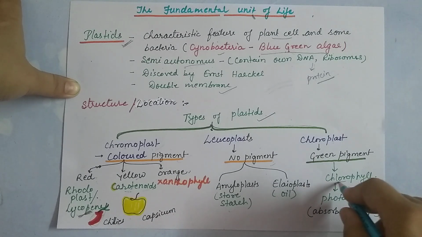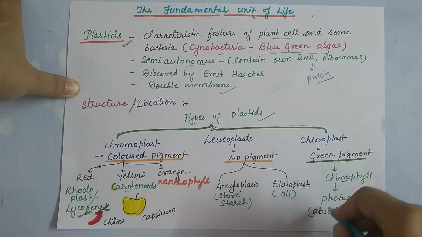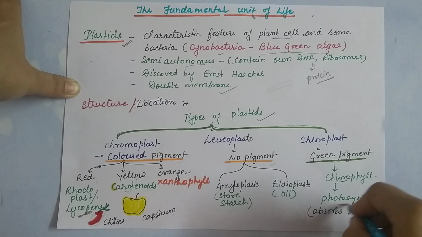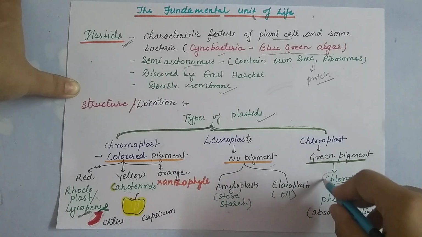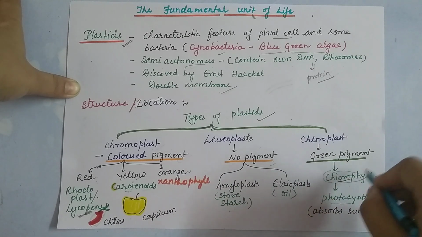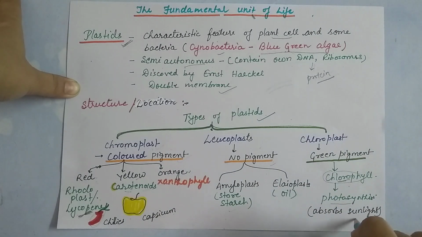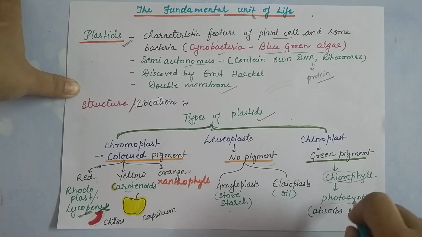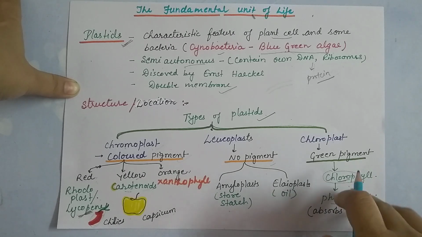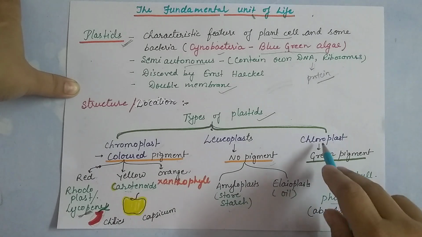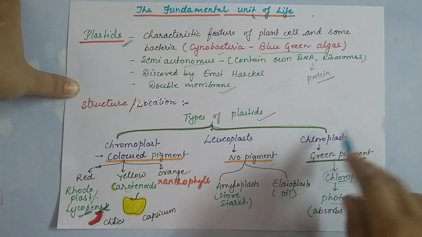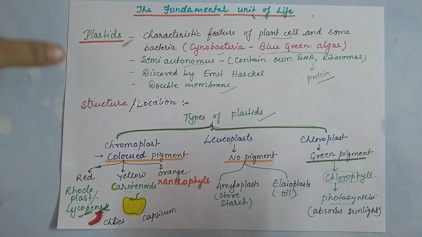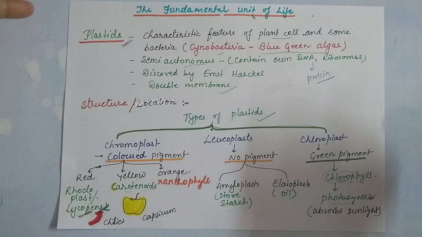Due to this chlorophyll, they are able to do photosynthesis, because this chlorophyll pigment absorbs sunlight, and in the presence of carbon dioxide and water they produce glucose. This is present in the chloroplast. So we understood what plastid is and what the types of plastid are.